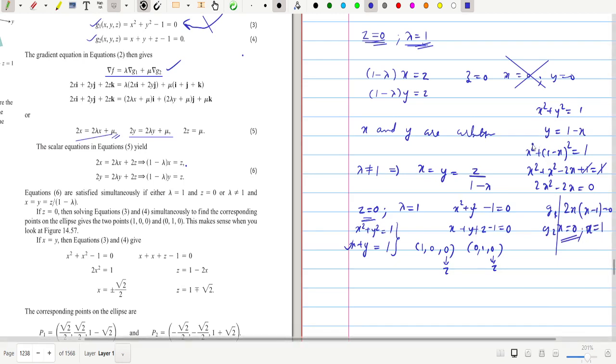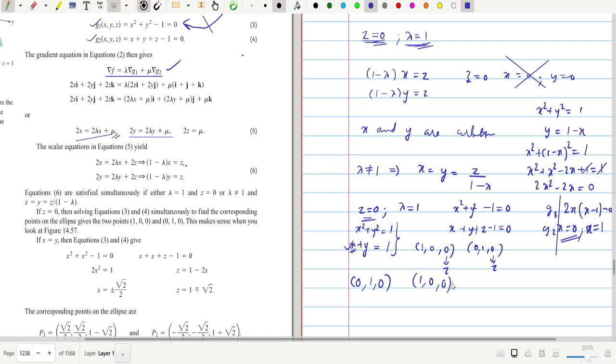When x equals 0, y is 1. Then one point is 0 1 0, and another point is x equal to 1, where you get y equal to 0. Then the next point will be 1 0 0. That's why we have these 2 points.